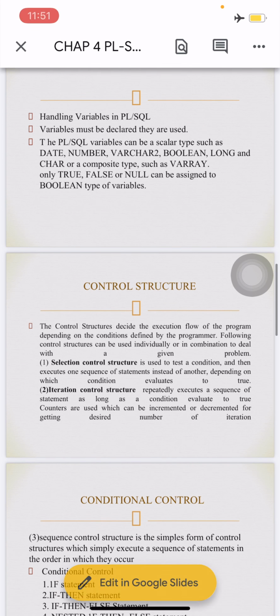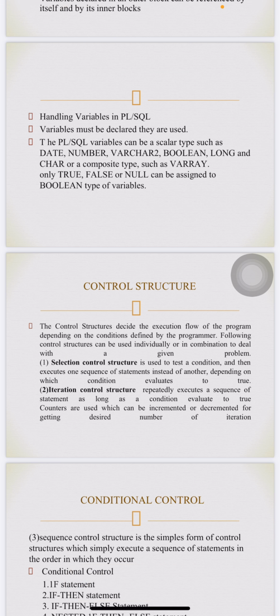Control structure. The control structure decides the execution flow of the program depending on the conditions defined by the programmer. The following control structures can be used individually or in combination to deal with a given problem.